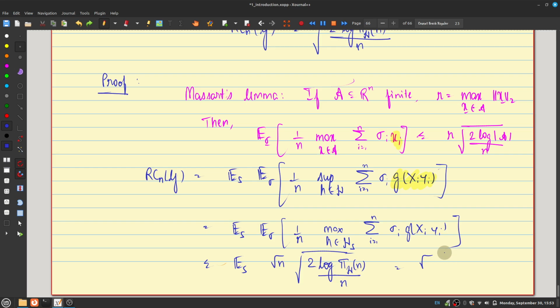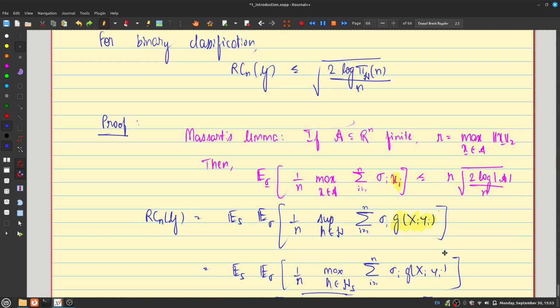Right? Let's see, slight mistake. This square root in the lemma does not extend to the denominator.